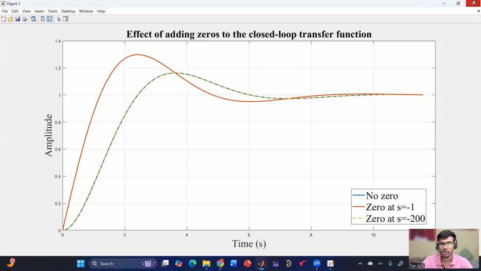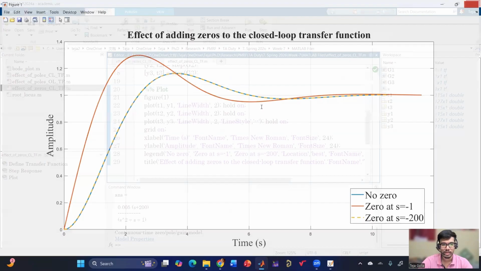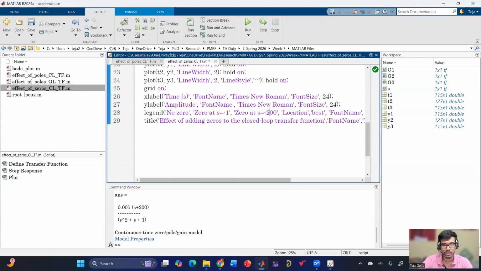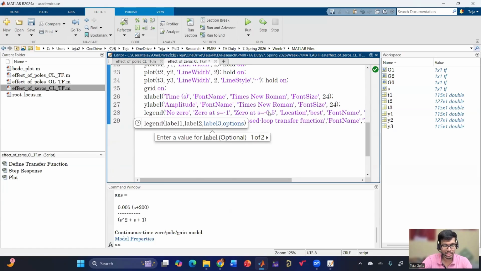Now let us see if both the zeros are closer to the imaginary axis, what will be the effect? Here I have considered one closer to the imaginary axis, one far away. So let us consider one at 1, the other one at 0.5. In the legend also I will change.